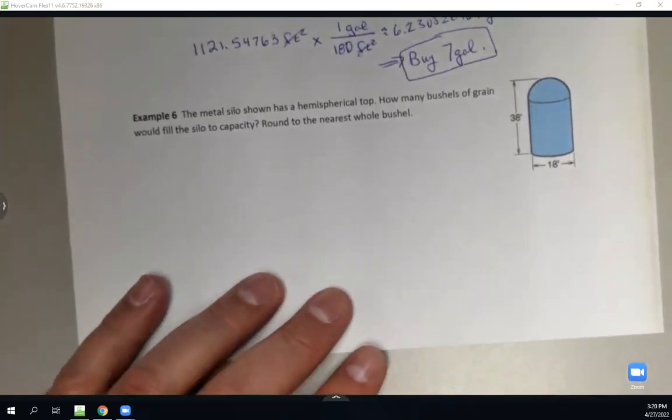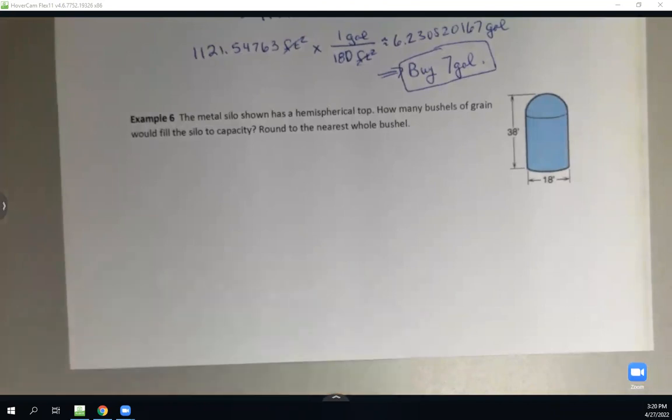One last problem for this section. The metal silo shown has a hemispherical top. How many bushels of grain would fill the silo to capacity? Round to the nearest whole bushel. Okay, so we've got this silo.